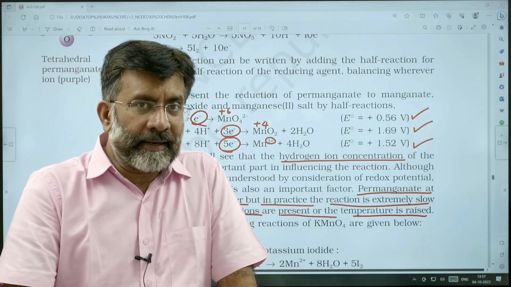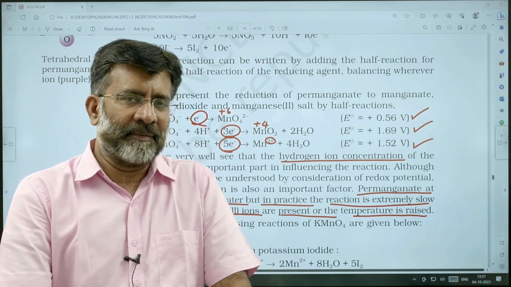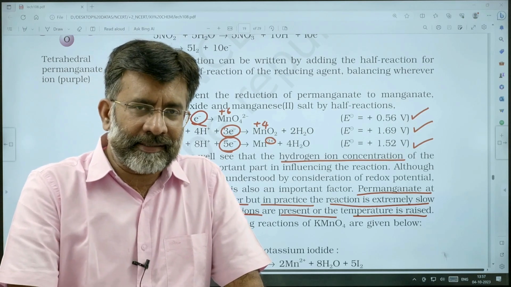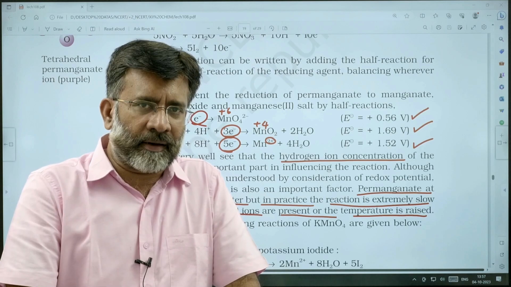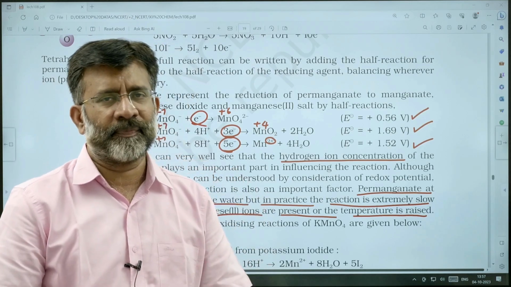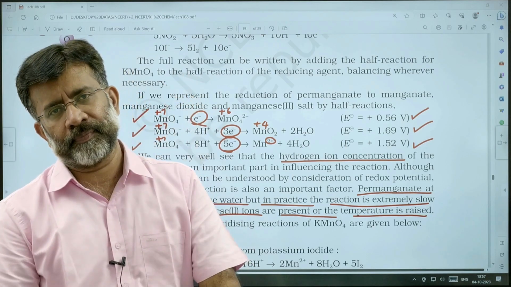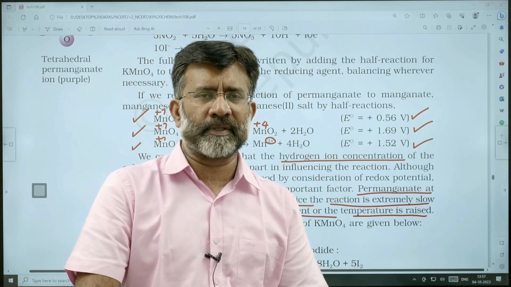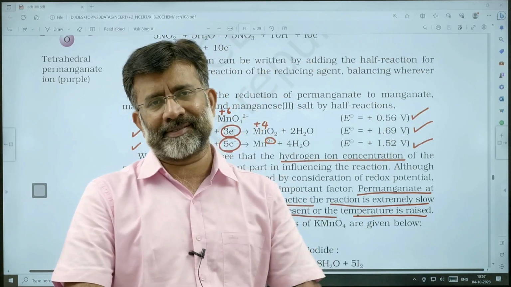So practically, what is observed? Theoretically, what can be justified? Potassium permanganate, a strong oxidizing agent, can oxidize water. But when you try to conduct it, we see that the reaction is kinetically unfavorable. The reaction is too slow unless a catalyst is present or we maintain an elevated temperature.